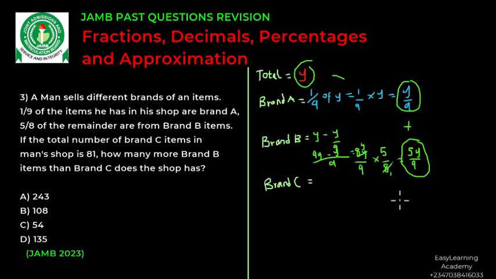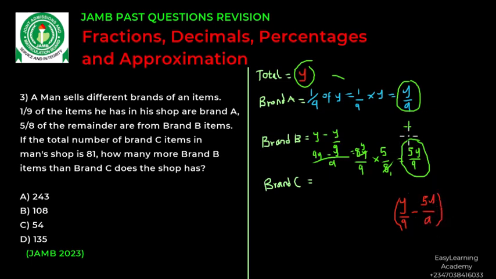Let's open the bracket. When we add it up, it's Y over 9 plus 5Y over 9.